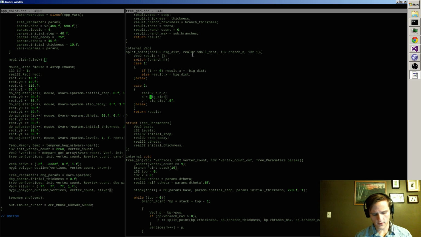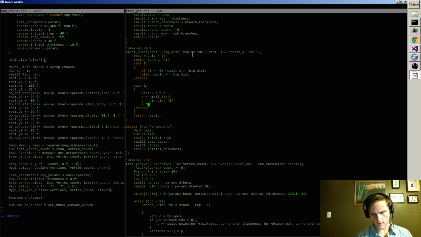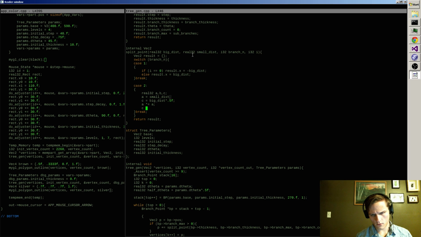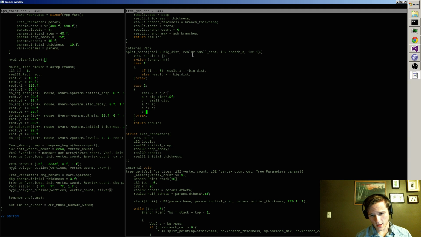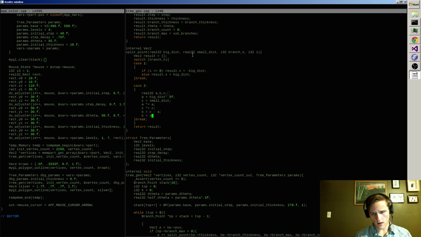A equals small dist. And then I need to square those, and I need to switch their names. And then B equals C minus A, and then it's the square root of that.